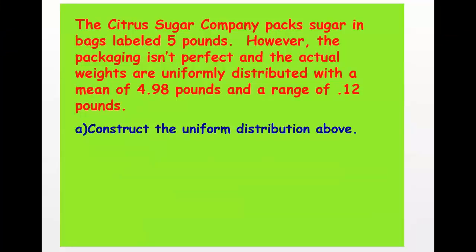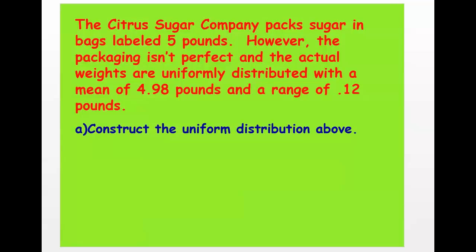look like? So here we've got the Citrus Sugar Company packing sugar in bags labeled 5 pounds. However, packaging isn't perfect, and in reality, when you weigh them, you actually get 4.98 pounds on average, and the range is 0.12 from low to high.